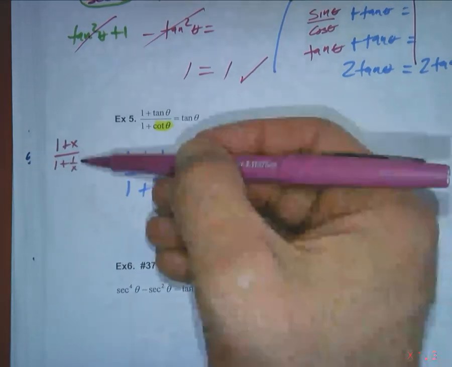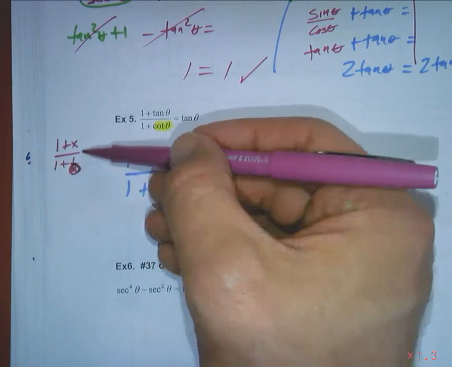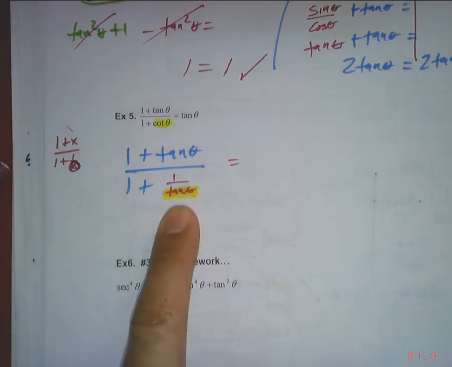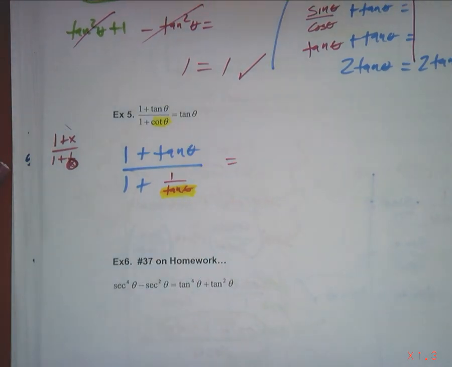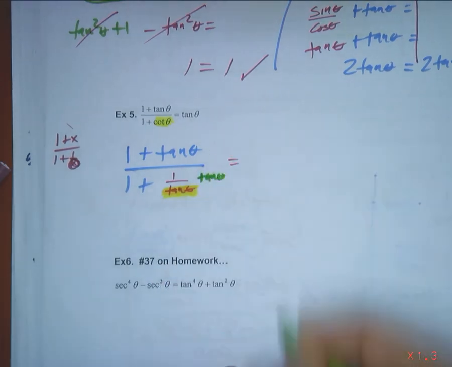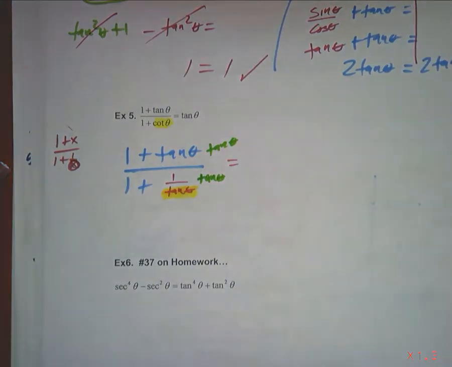So the little trick we talked about was we multiply by this LCD, this guy right here, and we do it to everything. So to get rid of this tangent, we multiply by the common denominator. You really do it top and bottom. So you multiply top and bottom by tan.